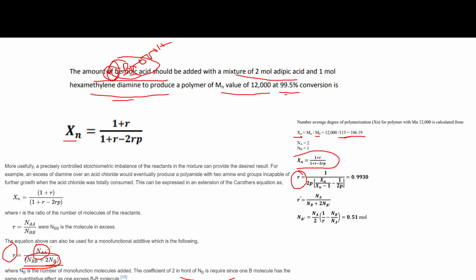From that, to calculate how much monofunctional impurity is needed, the equation between the reactivity ratio and the monofunctional impurity is r equal to Na divided by (Na plus 2 NB'), where NB' is the benzoic acid monofunctional impurity. So you can calculate this, and you need 0.51 moles to get a molecular weight of 12,000 at 99.5% conversion.